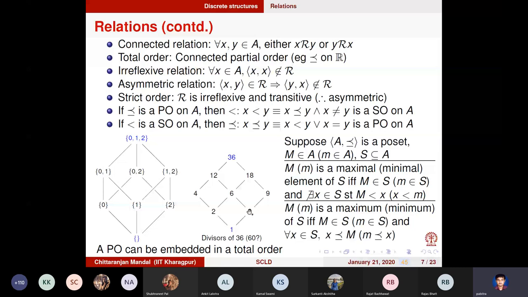And vice versa, for the minimum element, all elements of S are greater than or equal to this, and for the maximum, all elements of S are less than or equal to this. So can you tell what are the maximum elements of this subset 12, 18, 6, 2, and 3?